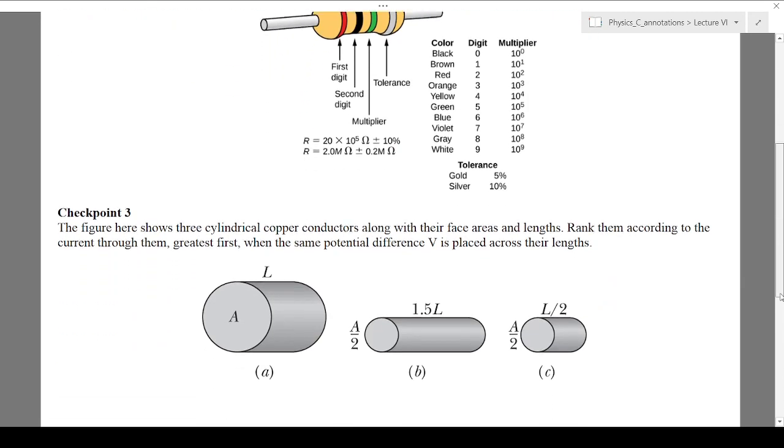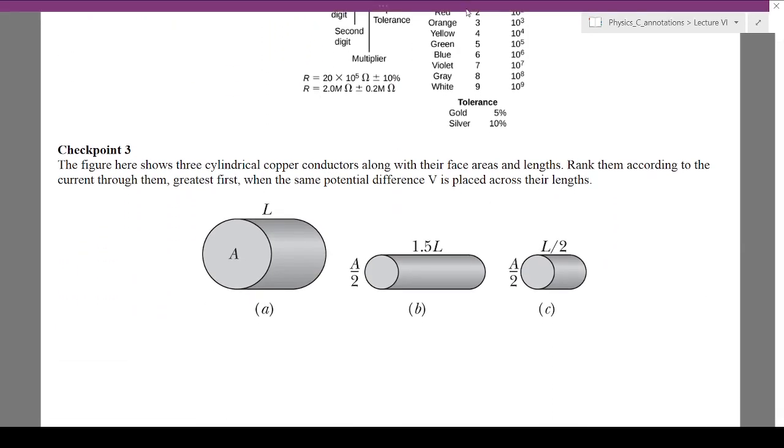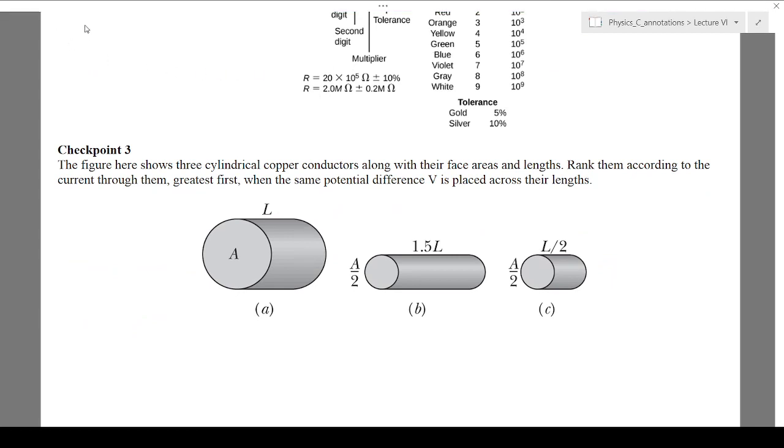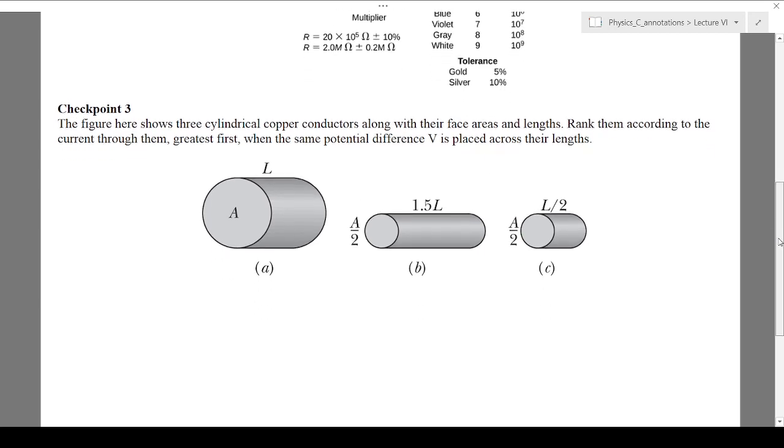Again, guys, to finish this part: you have three figures here, three cylindrical copper conductors along with their faces, areas and lengths.